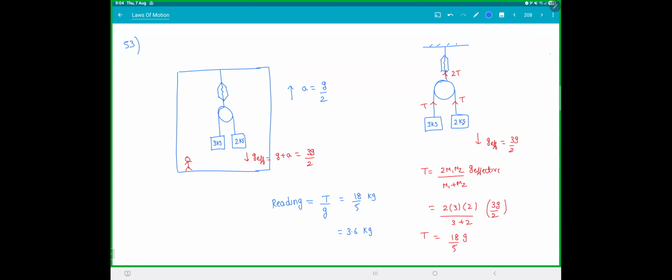So the spring balance will show a reading of 3.6. Wait, sorry, it will show 2T actually. Because the spring balance tension is 2T. That would be 7.2 kgs. It's not 3.6.